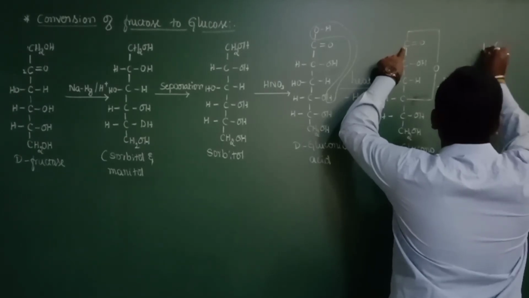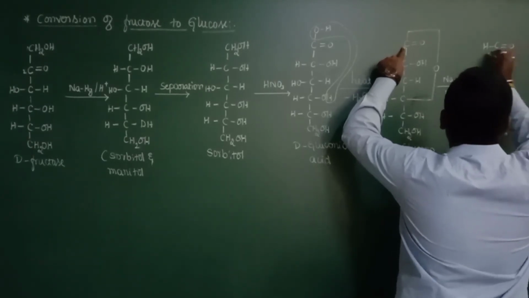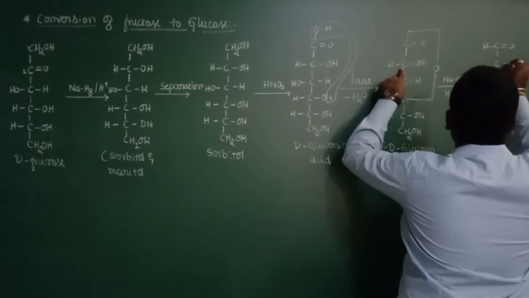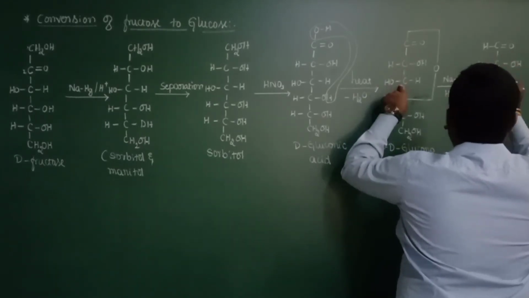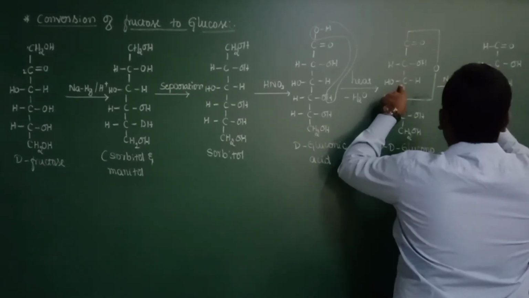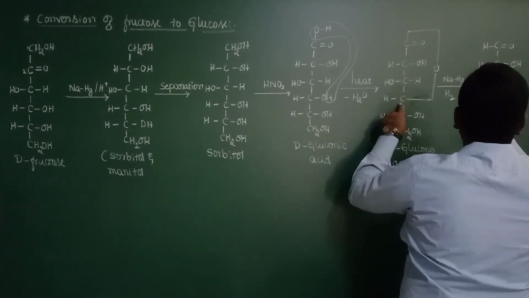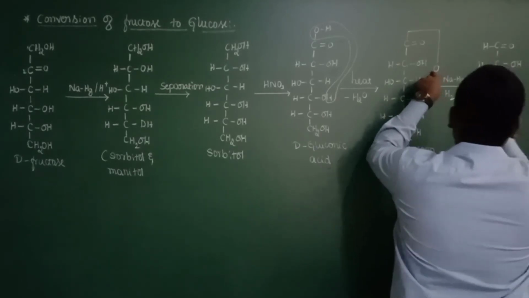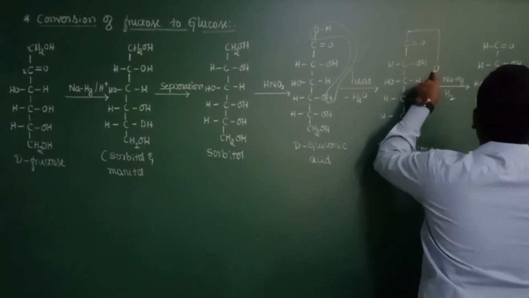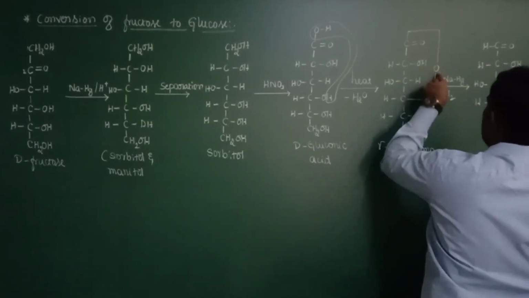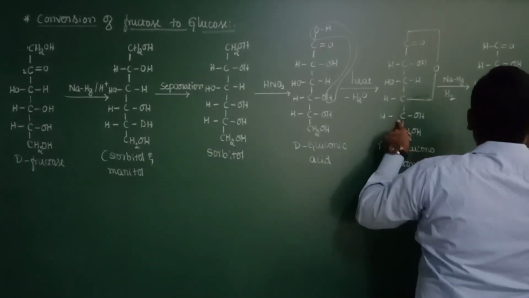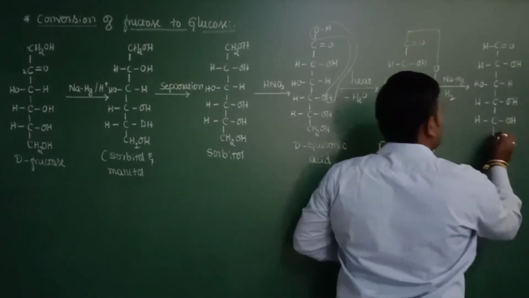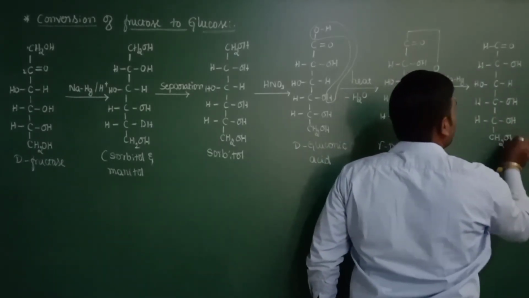So we'll get CH double bond O, C, OH, H, C, H, OH, and at fourth position CH, and this ethereal oxygen will receive one hydrogen from the reduction process, so OH will get regenerated, and at fifth position OH, H, and at sixth position we will be having CH2OH.